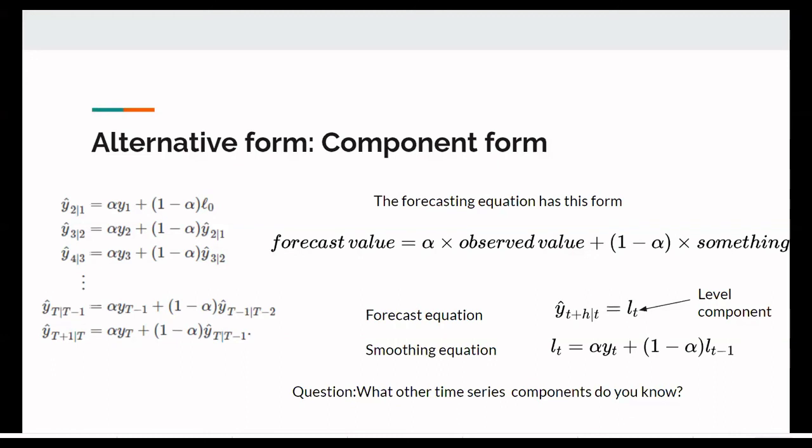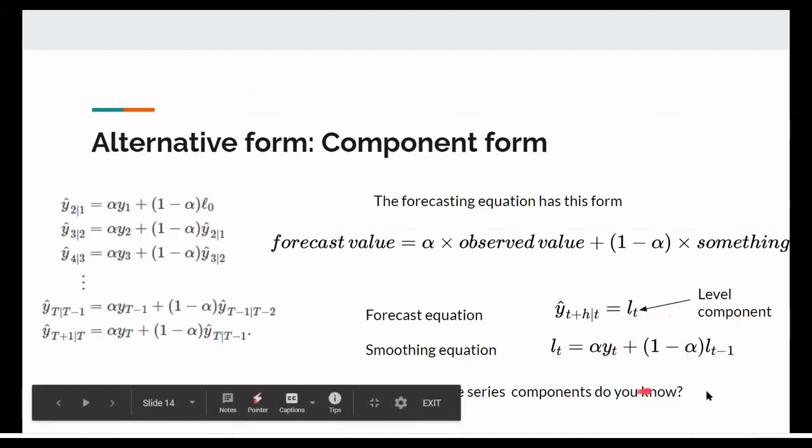Kung gaano siya kalayo sa zero. Kaya siya tinawag na level. So walang trend, walang cycle, walang seasonality. Okay? Good. So remember that because itong equation na to, ito yung ating gagalawin mamaya pag ma-introduce na tayo ng trend, ng seasonality sa ating time series. Okay?